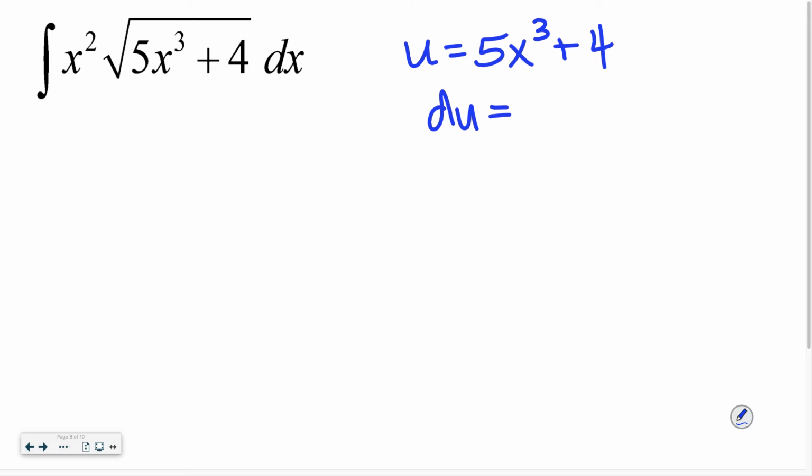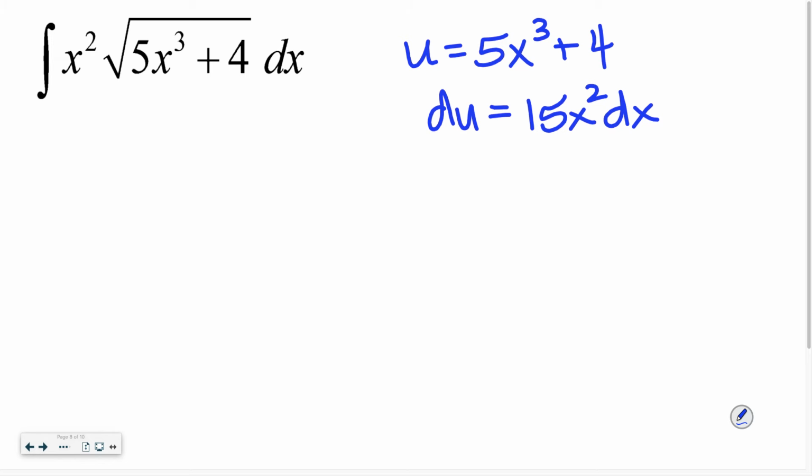It could be. Okay, so du would be what? 15x squared dx. So it's close. What you have to do, I'm guessing, is make it so the coefficient happens to go away.